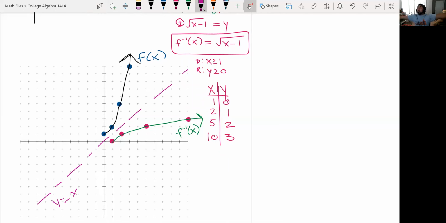And do we look pretty symmetric? Look at this. That point is 1, 0. This point is 0, 1. We are definitely symmetric. And these are definitely inverses of each other.